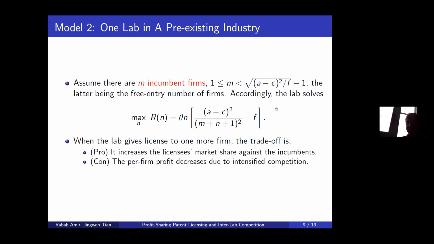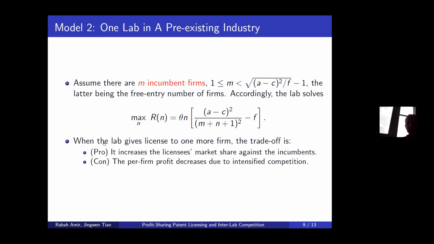And if there's a fixed cost, I didn't write down the expression because it's messy, but it would pick at most M plus 1, less than that.